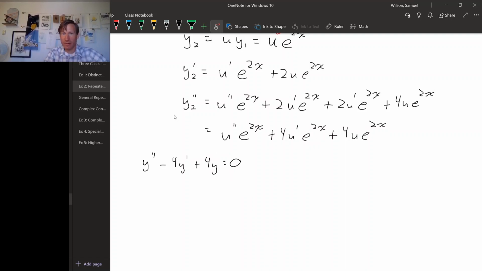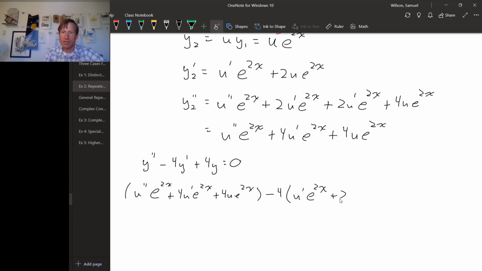So we get u double prime e to the 2x plus 4u prime e to the 2x plus 4u e to the 2x, minus 4 times y prime, which is u prime e to the 2x plus 2u e to the 2x, plus 4 times y, so 4 times u e to the 2x, equals 0.